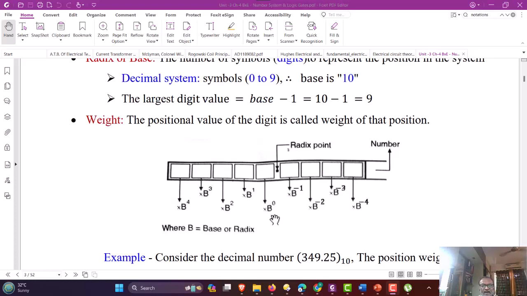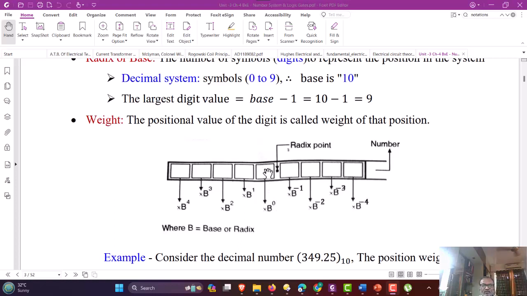The position weight shown here is b raised to power 0. B stands for base of the system. B raised to power 1, B raised to power 2, and so on, increasing towards the left. For example, if base of the system is 10, means it is decimal system, then 0 position is 10 raised to 0.